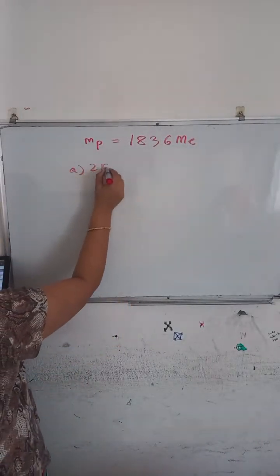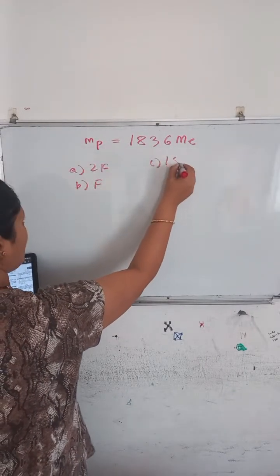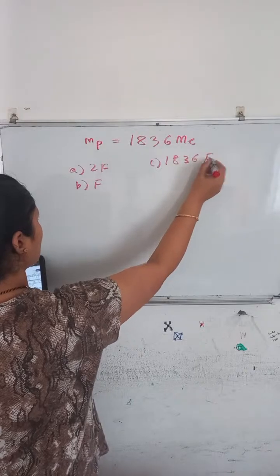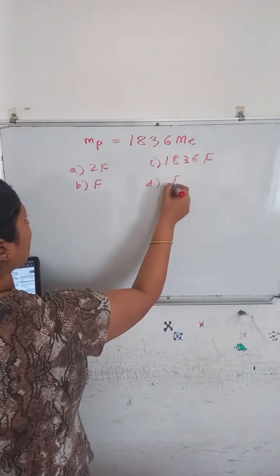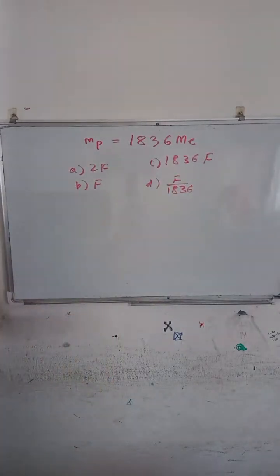Options are given: A 2F, B F, C 1836 F, and D F upon 1836. Okay, so these are the options.